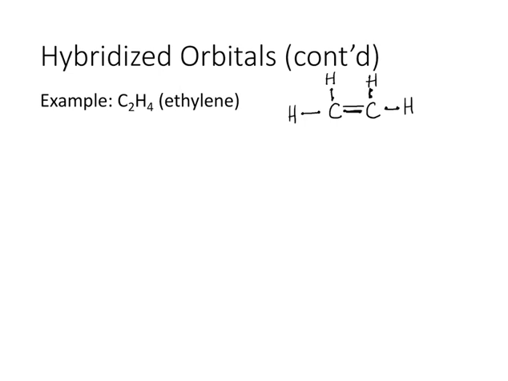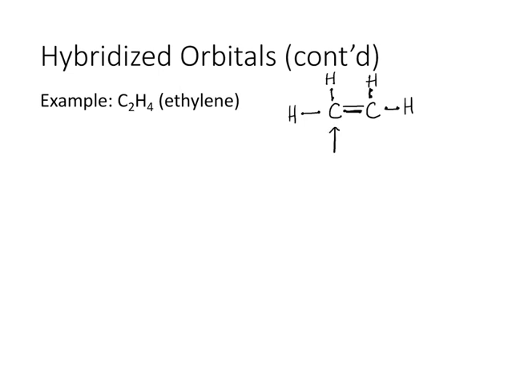Okay, so how do we explain this Lewis structure using hybrid orbitals? Well, let's start by trying to figure out the steric number for each carbon. So let's just look at this first carbon.